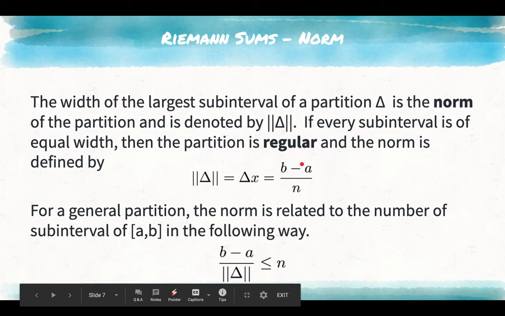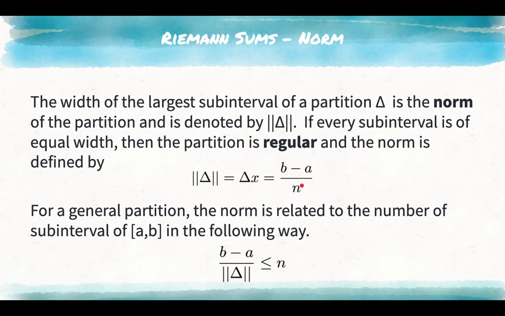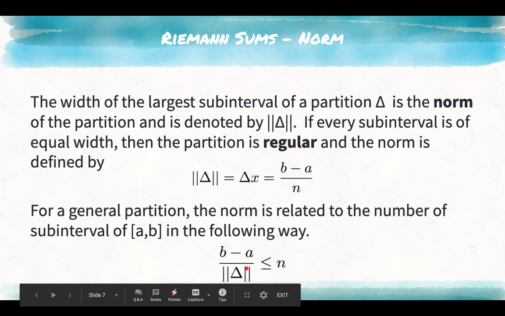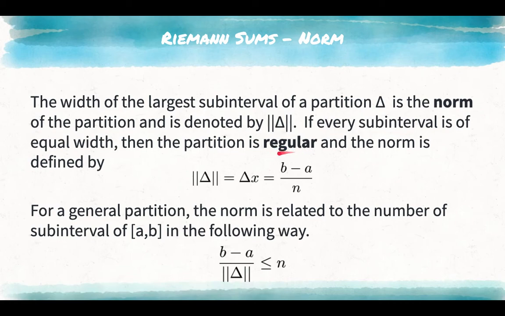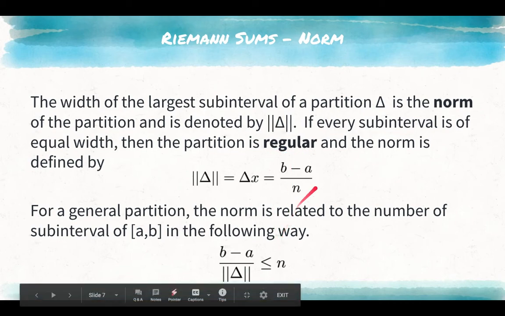If they're all the same, it's going to be b minus a over n. If they're not, the smallest way you can do it is break it up into equal partitions of that biggest interval. If you have smaller partitions, you can break it up into more. So that's why n has to be bigger than or equal to that, because again, a regular partition is going to equal n.